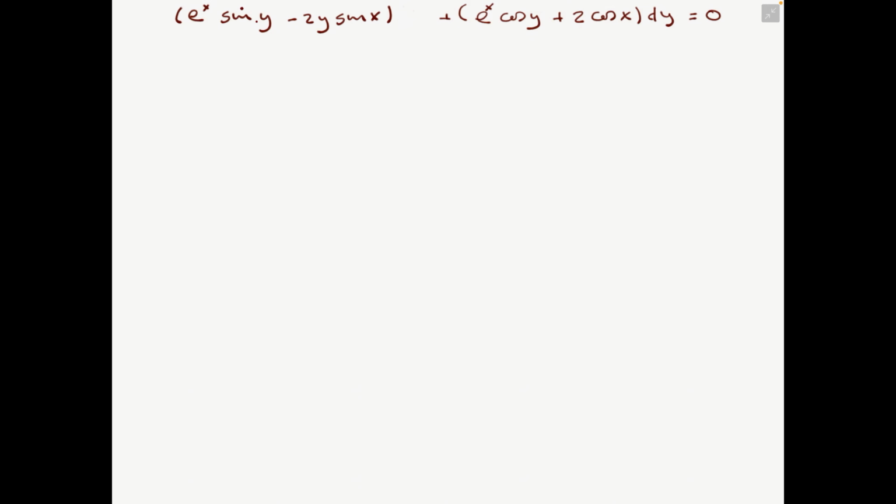Now you may be tempted to just want to integrate at this point. I'm sorry, this is equal to 0.